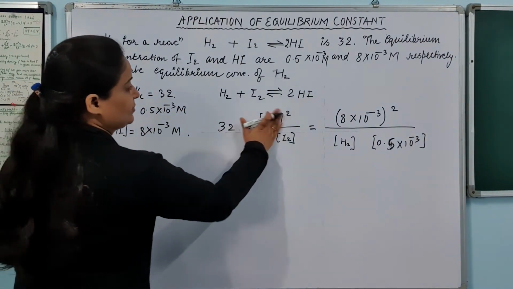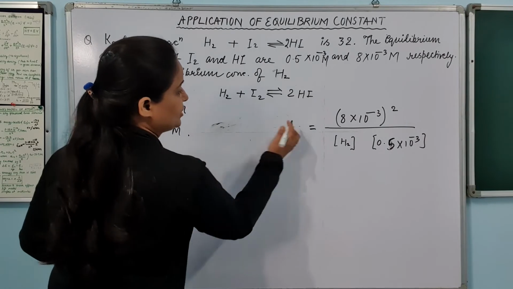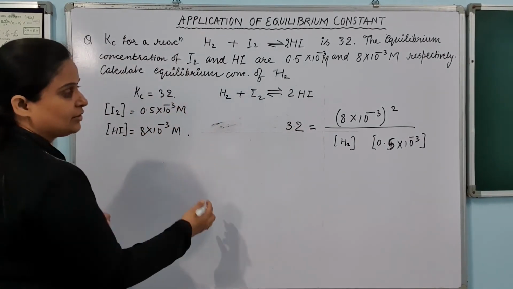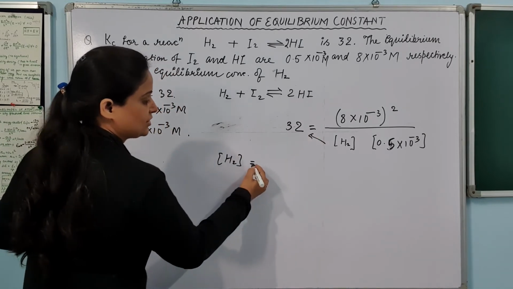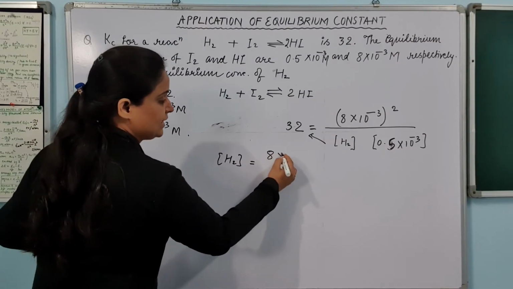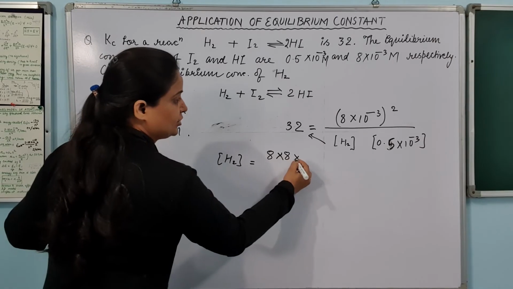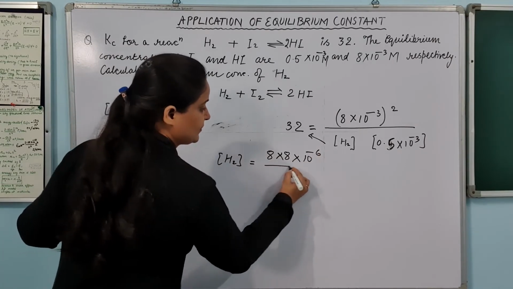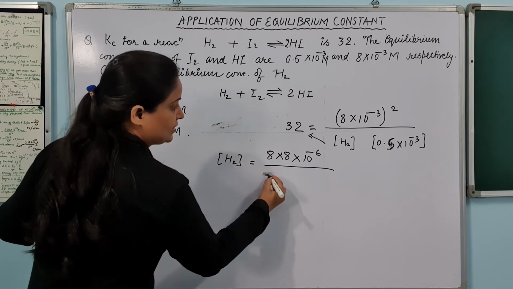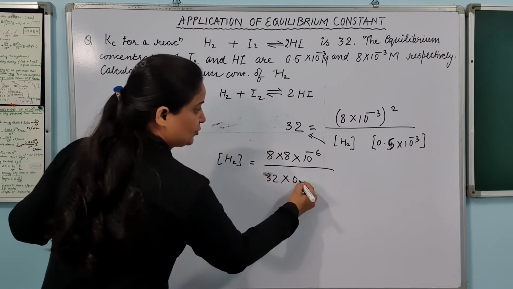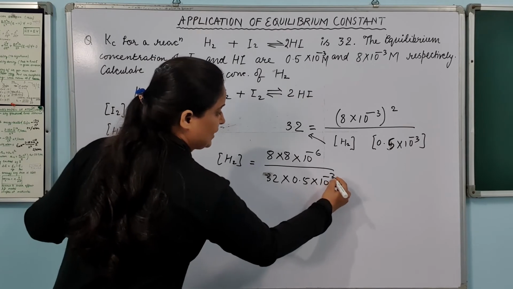I am removing these because our equation is now this. Now can you calculate the hydrogen concentration? Yes. So I am doing this. Hydrogen concentration can be calculated as 8 into 10 raised to power minus 6 divided by 32 multiplied by 0.5 into 10 raised to power minus 3.